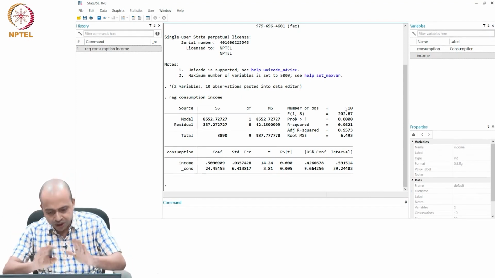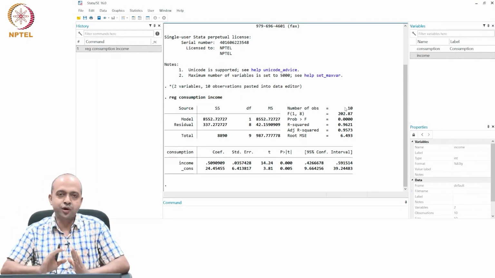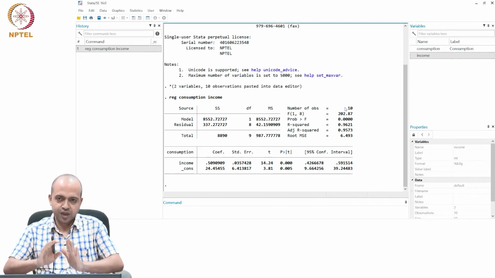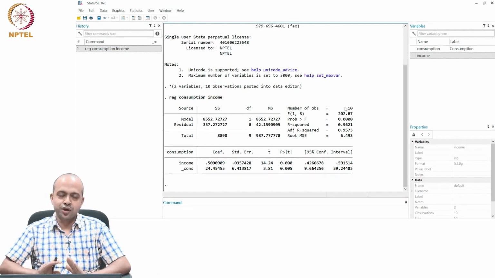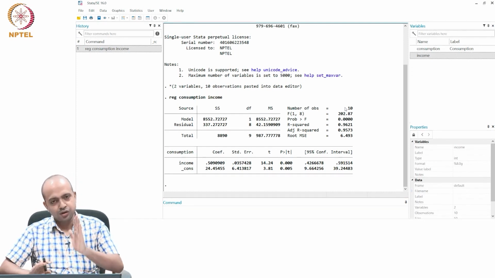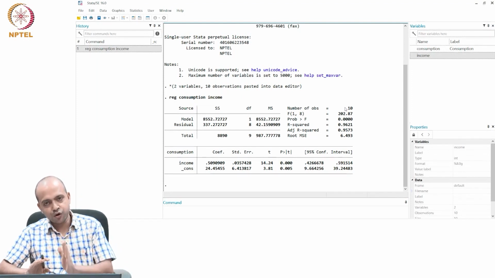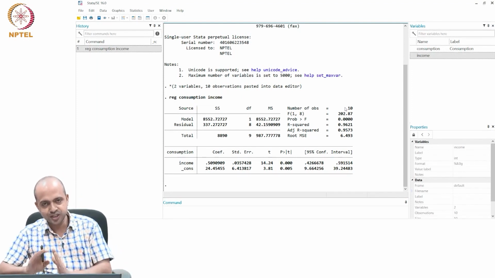right. So, with this we are just closing our discussion for today. So, today we discussed the meaning of regression, what are the 3 important properties of beta hat that we estimate.